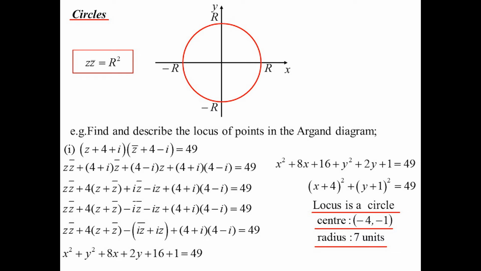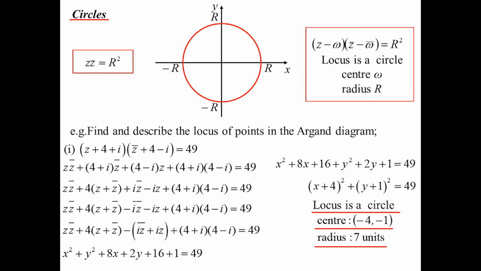So I think you'll agree with me that, geez, that was a bit of a pain expanding that whole thing out. But there actually is something we can look at here to tell straight away, and really it's like shifting. We know z times z conjugate was a circle. So if I go z minus a complex number, and then the conjugate minus the conjugate of that complex number, it's like I've just shifted that circle, whatever that complex number is, omega.